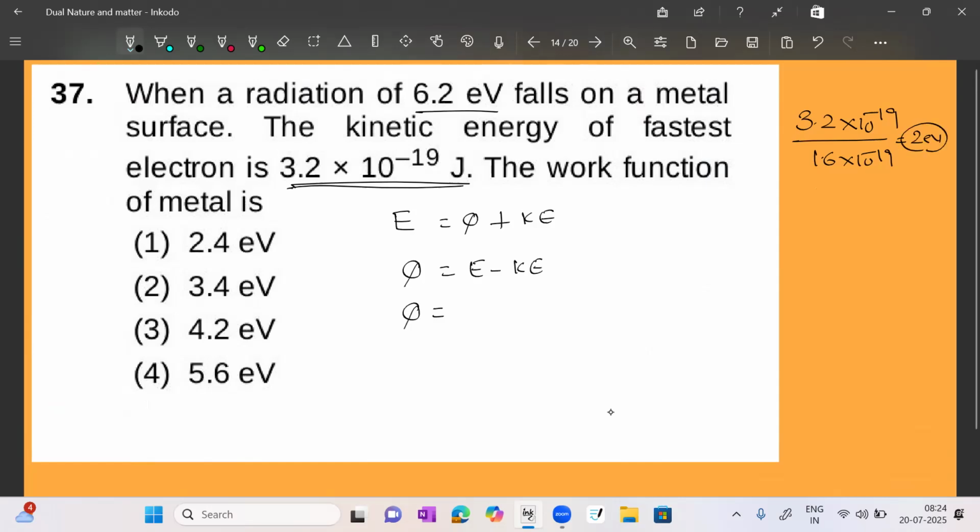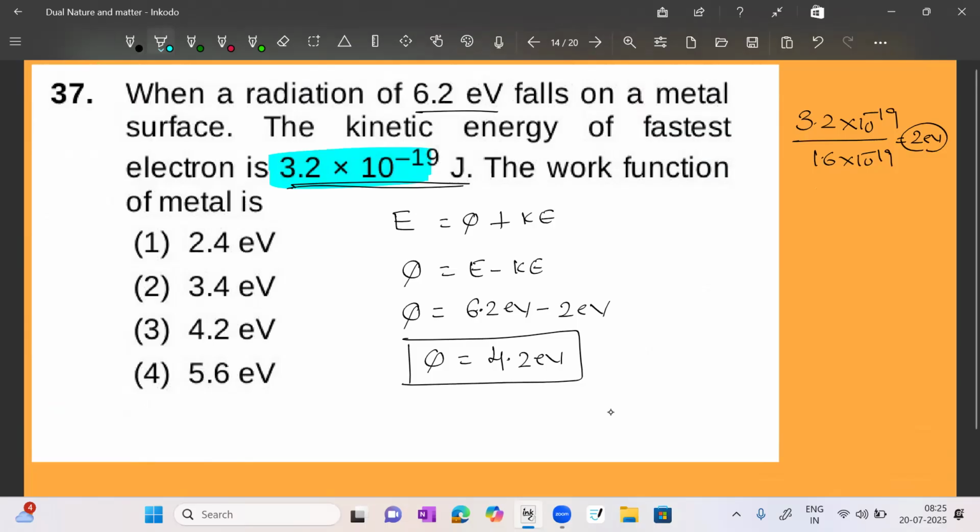Okay, so we have 6.2 electron volt minus 2 electron volt, then it becomes 4.2 electron volts. So here the problem is very easy. The only thing is we should know how to convert this value from electron volts into joules. Okay.